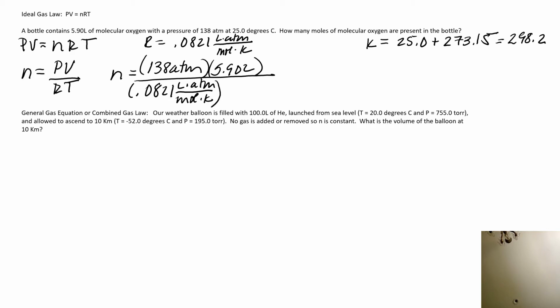So n equals pressure in atmospheres. Watch your units. If we'd been given something like millimeters of mercury or torr, we would have had to convert those to atmospheres. 5.90 liters. Our universal gas constant, which will allow us to cancel all the other units except for moles.